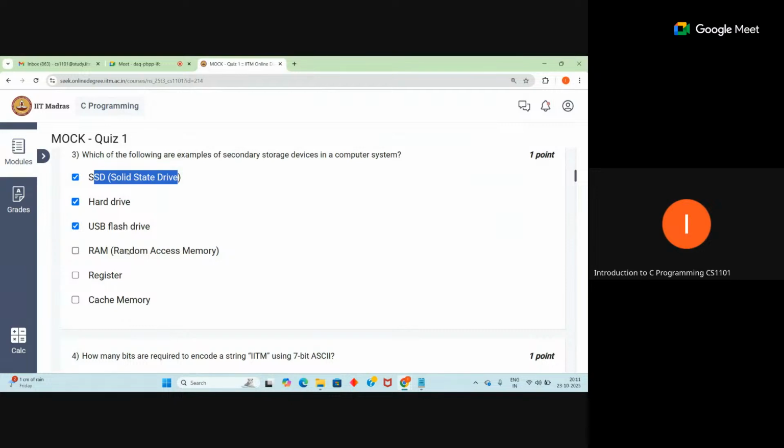That is also RAM type of memory. So only the first three are secondary storage memories, whereas all these three are volatile.